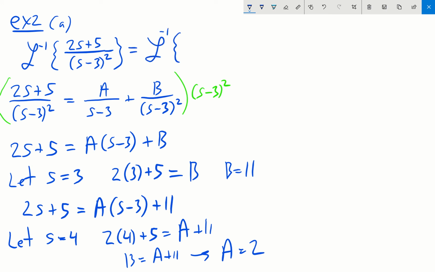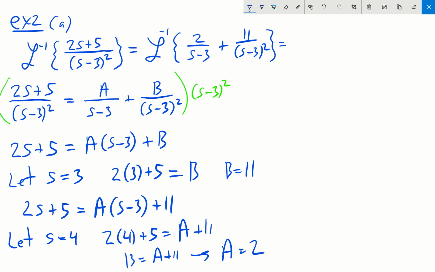This is going to be the inverse Laplace operator of a over (s - 3), which is 2 over (s - 3), plus 11 over (s - 3) squared.